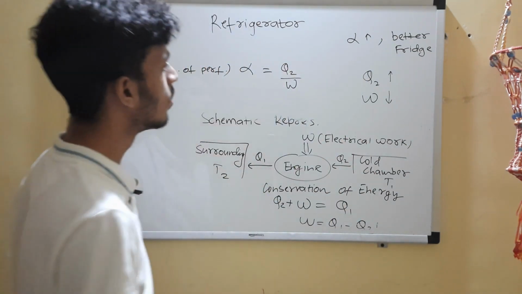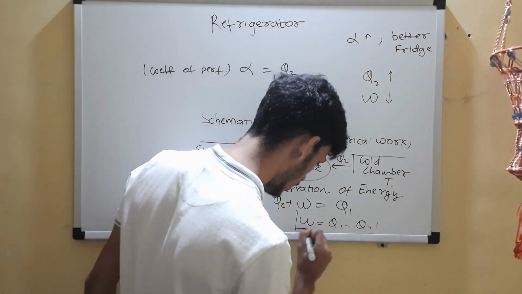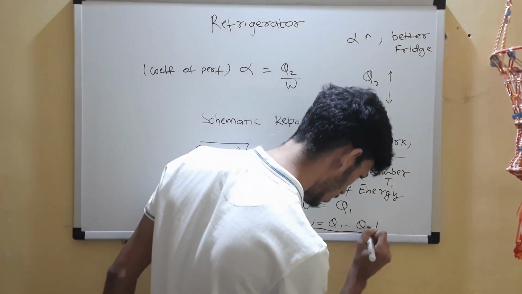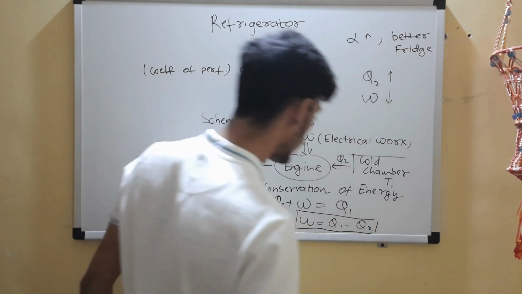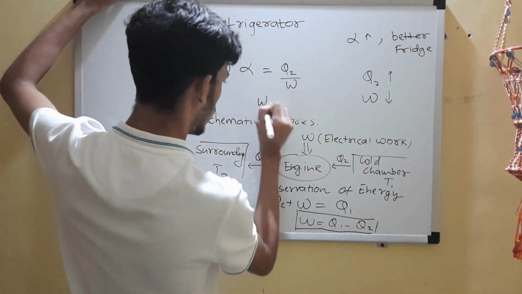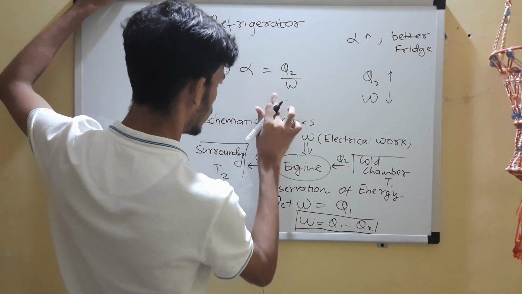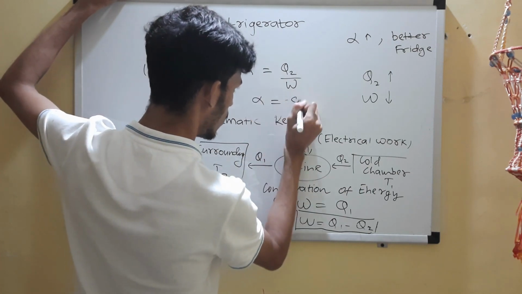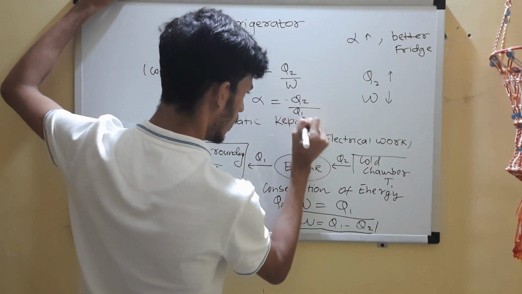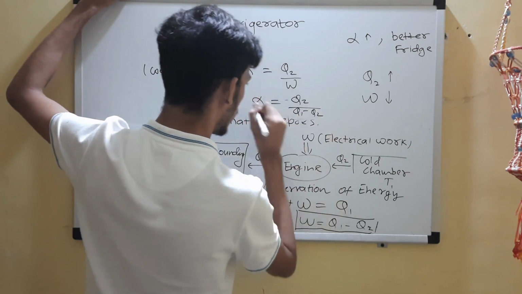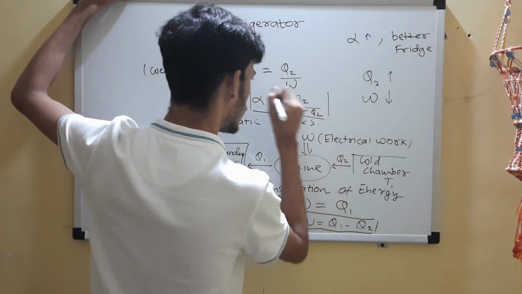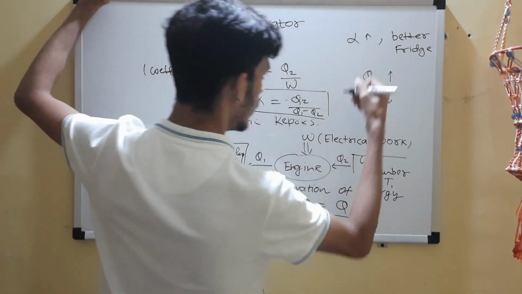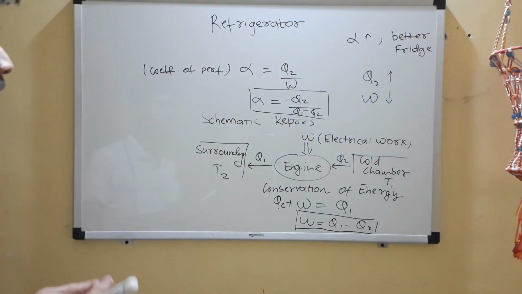Also you can substitute for work from here. Work is Q1 minus Q2. So that will give us alpha equals Q2 upon Q1 minus Q2. So the higher the value of this alpha, the better the fridge.